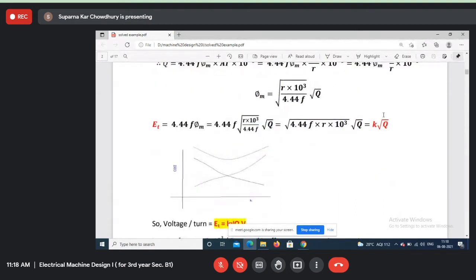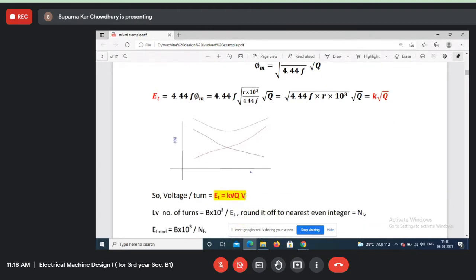Now actually this is our starting equation. For design, we start with this equation, that is ET is equal to K into root Q V. Now what happens if we vary K?